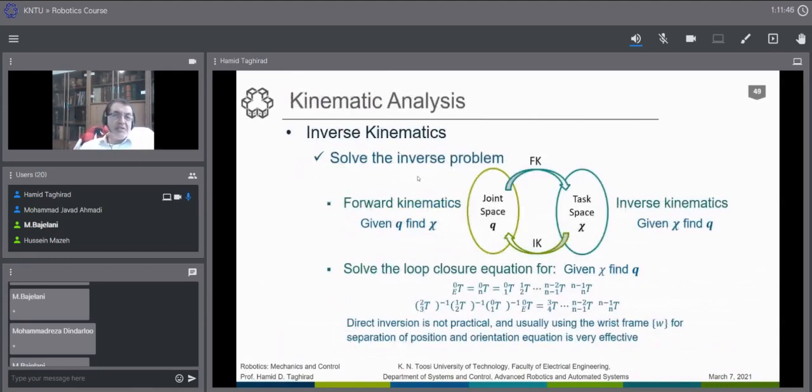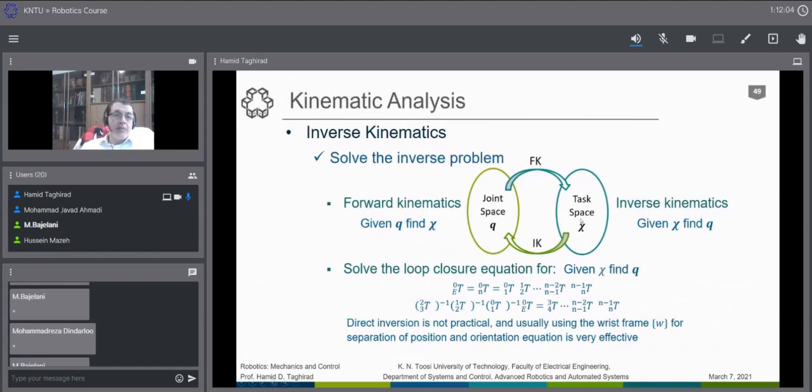Inverse kinematics is very simple in terms of the concept. If the joint space variables are given to you and you want to find the task space, either by Denavit-Hartenberg or Screw, you write the equation that if this is given, you can find the task variable.